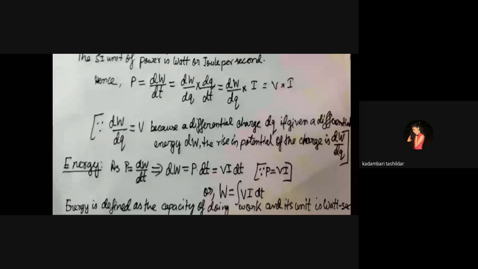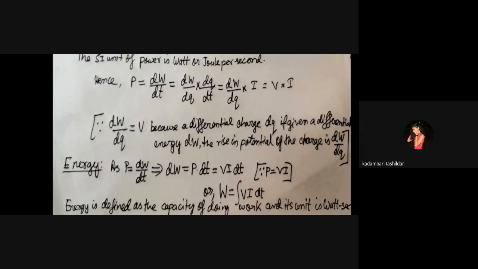Is the concept of energy clear to you all? Okay. So energy is defined mainly as the capacity of doing work and its unit is watt second. We can also write it as watt hour, watt minute, whatever the unit is. So watt second is the SI unit, derived unit.